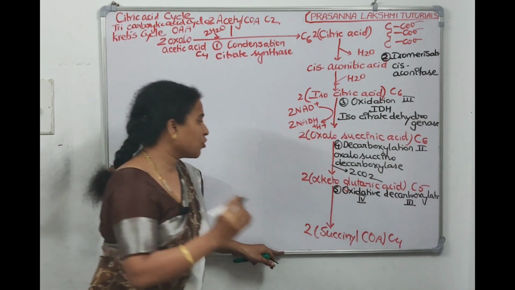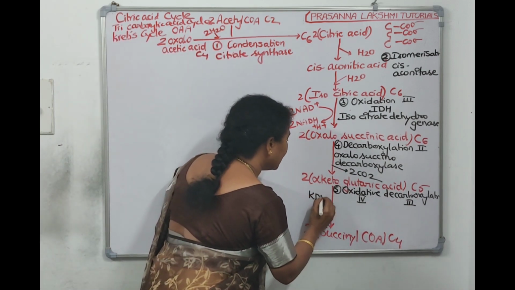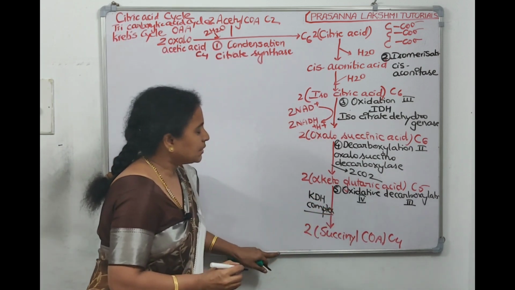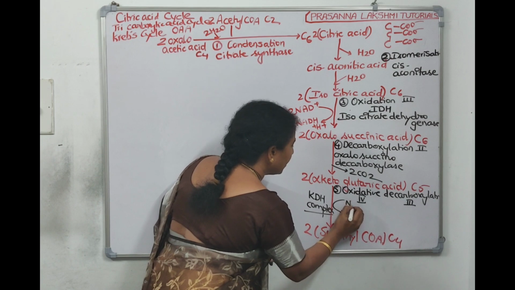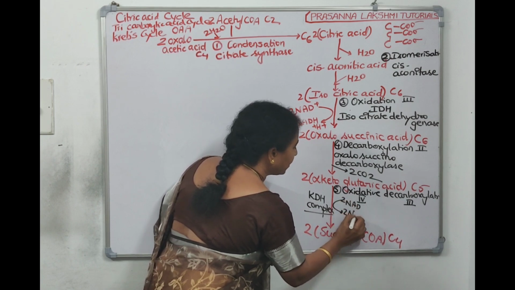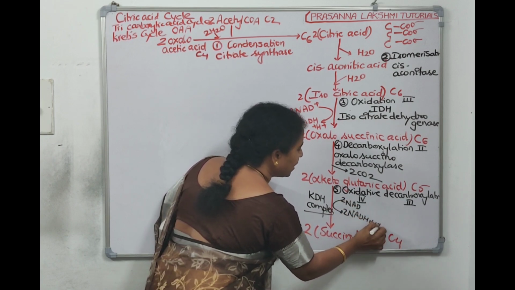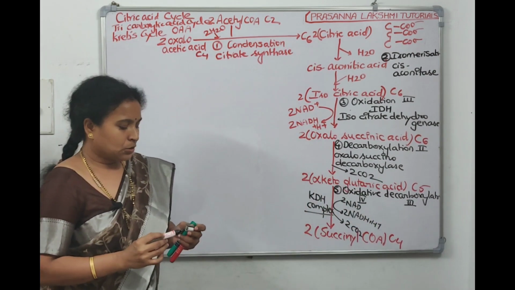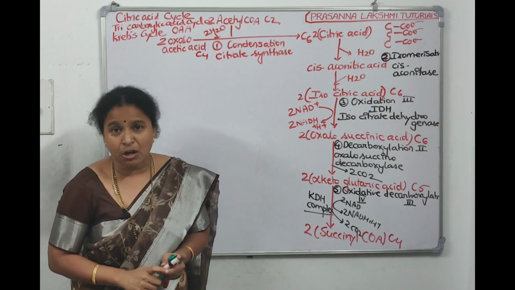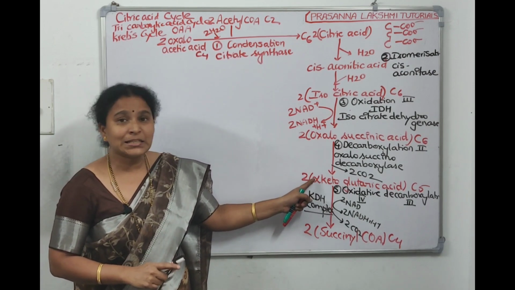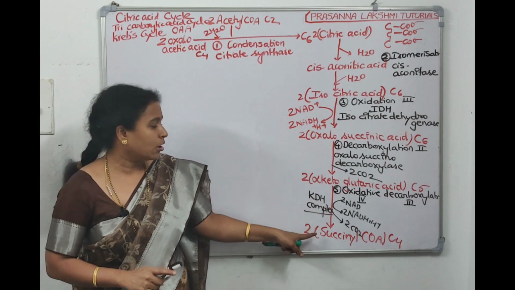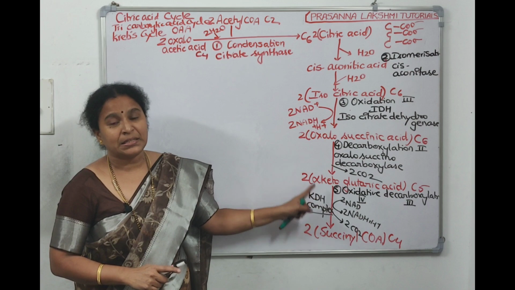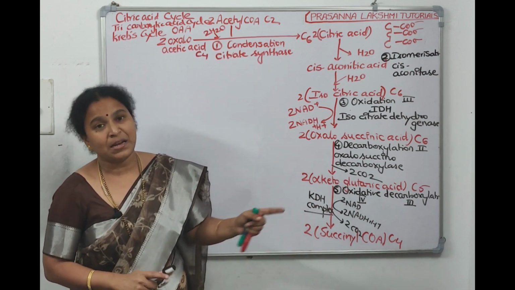There it was the PDH complex, here it will be the KDH complex, the alpha ketoglutarate dehydrogenase complex. Since it is oxidation, NAD will come and NADH plus H plus will be made. Since it is decarboxylation, 2 CO2s will go off. So in the 5th reaction, oxidative decarboxylation, alpha ketoglutaric acid, a 5-carbon acid, gets converted to a 4-carbon acid called succinyl coenzyme A. The enzyme is the KDH complex, same as the PDH complex.